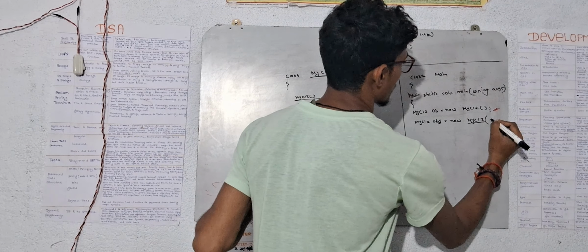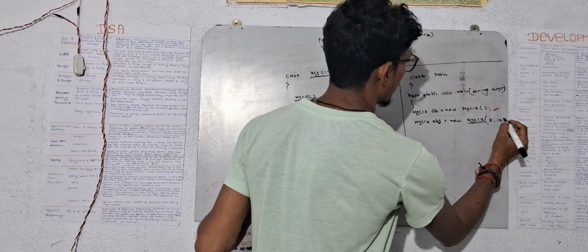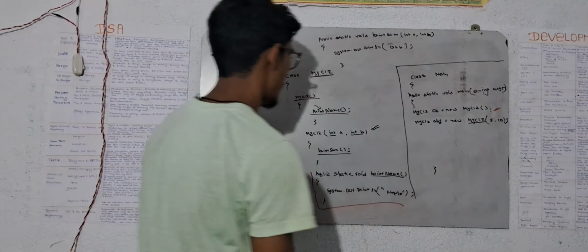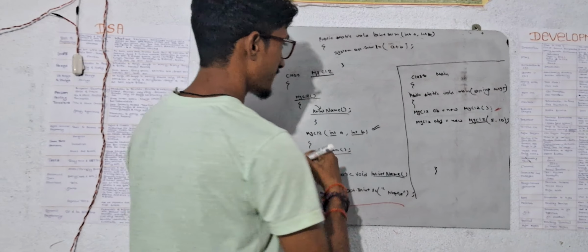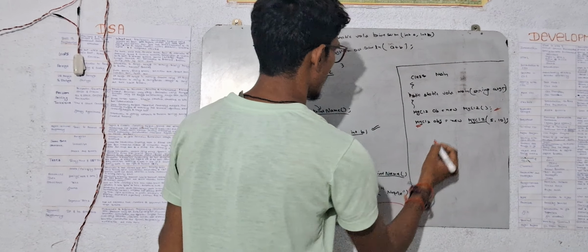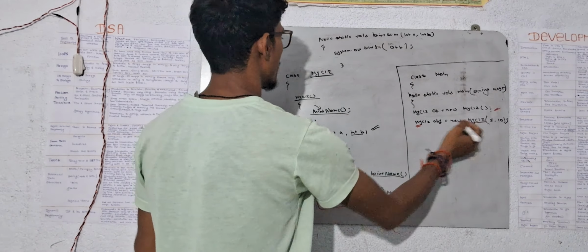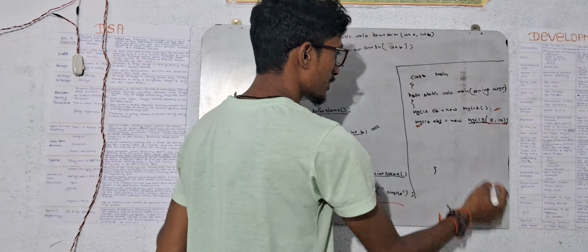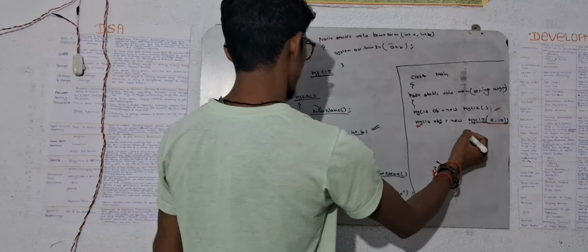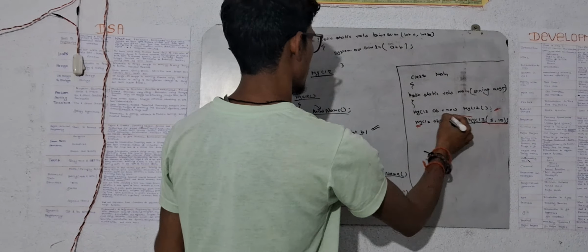So here we will put 5 and 10. When this code is written, it will jump to this constructor.